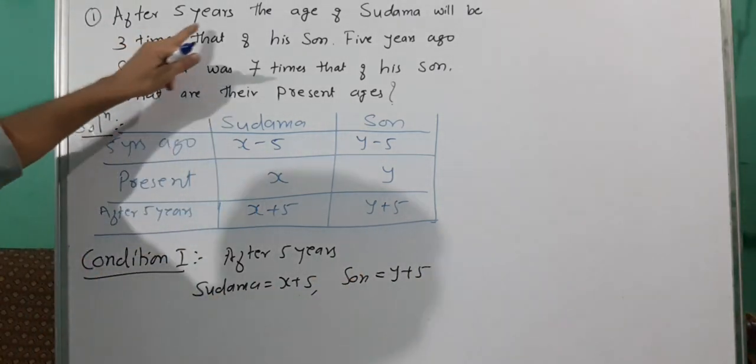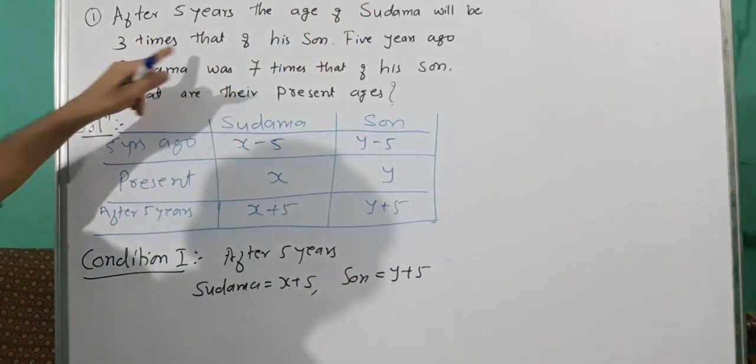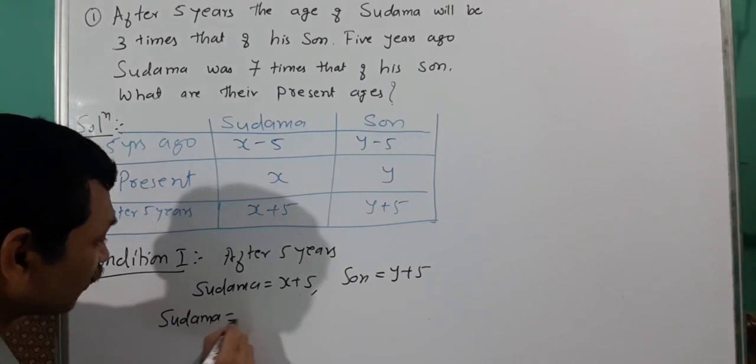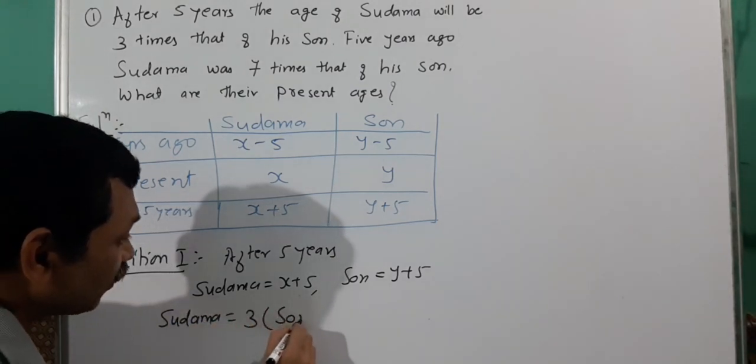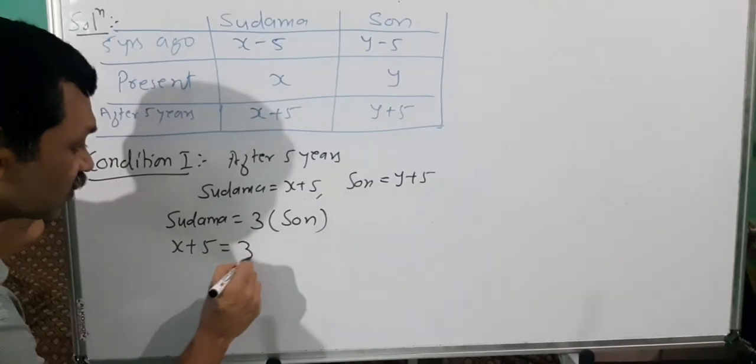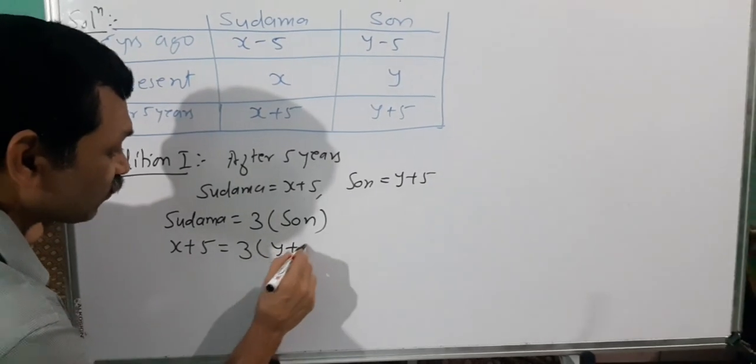And given what? After 5 years, the age of Sudama is 3 times the age of son. So Sudama is x plus 5, which is equal to 3 times y plus 5.